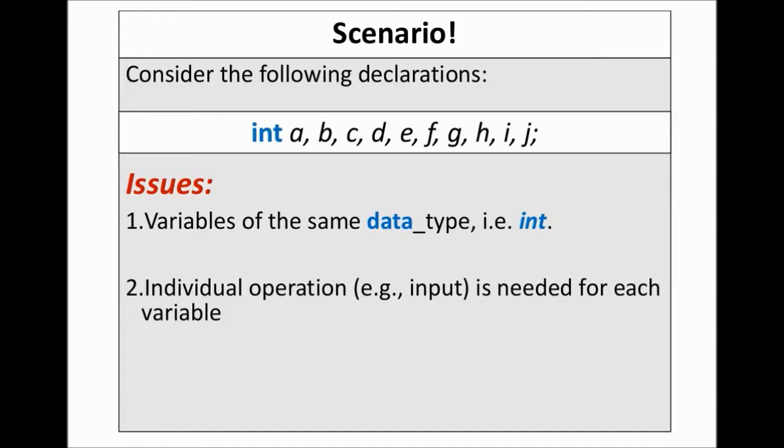These individual operations need input for each variable. If we want to use the a, b, c, d, e, f, g, h, i, and j variables, for each variable we use a separate cin statement or cout statement in our programming.